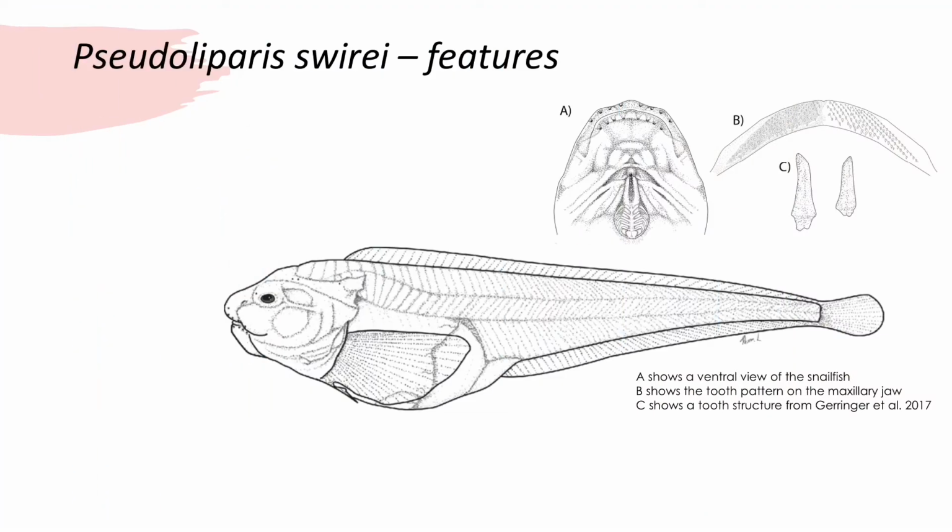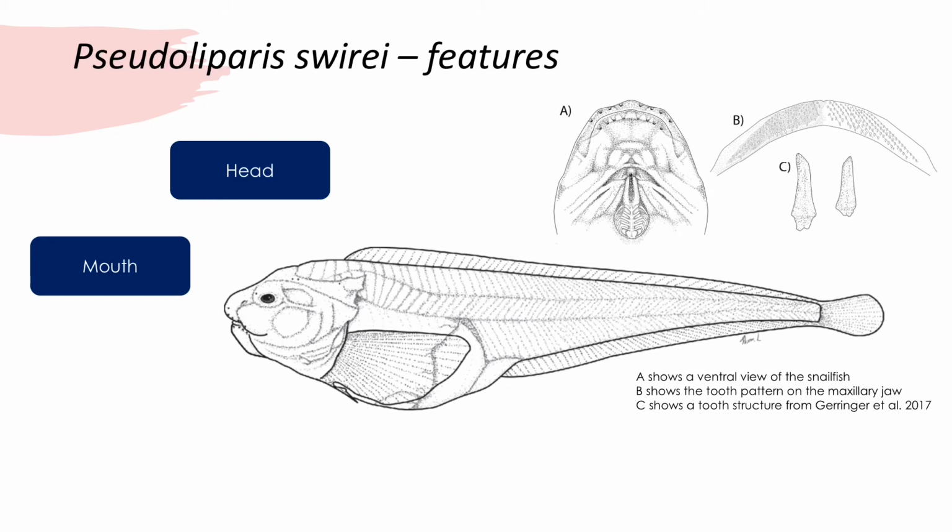Here I will be describing, based on a paper published in 2017, which is the blurb that we all saw earlier, the Mariana Hadal snailfish. Essentially, they have a small head with a low and wide profile, which is anteriorly rounded. They have a blunt snout and a broad subterminal mouth. Their eyes are small, at about 10% of their head length.